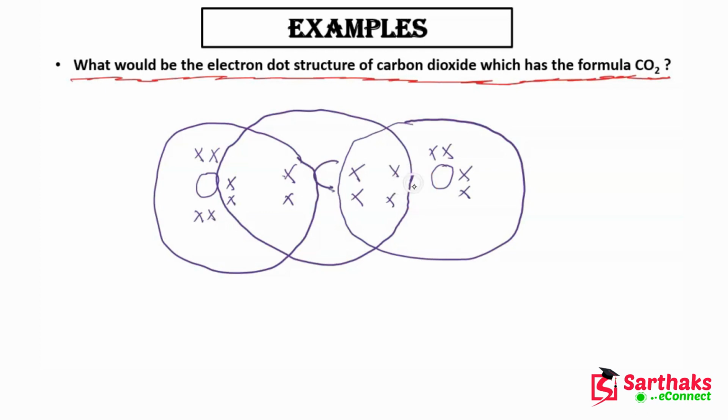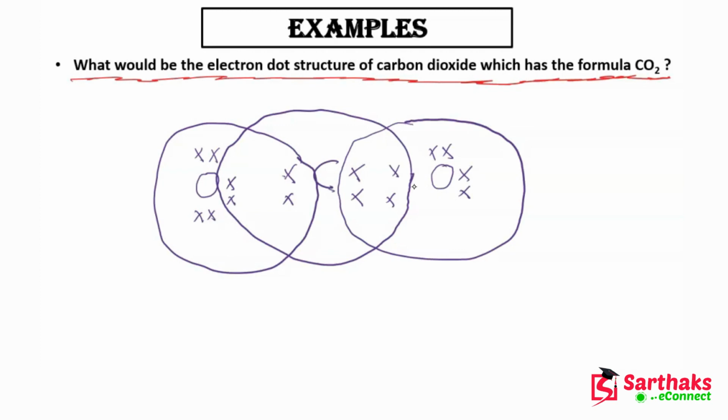You can count the electrons, 1 2 3 4 5 6 7 8 in oxygen, here also 1 2 3 4 5 6 7 8 in the other oxygen atom, and in carbon it also became 8. So these 3 elements have completed their octets by sharing of electrons.